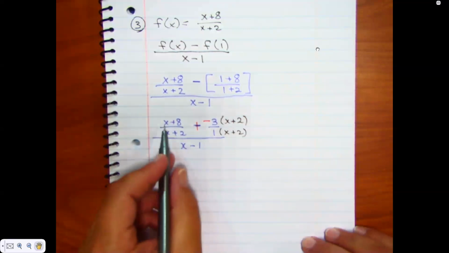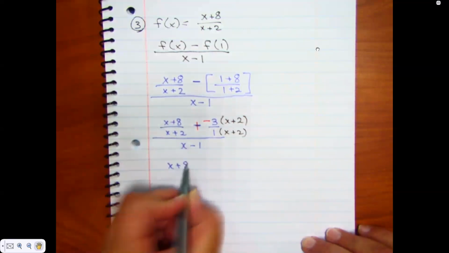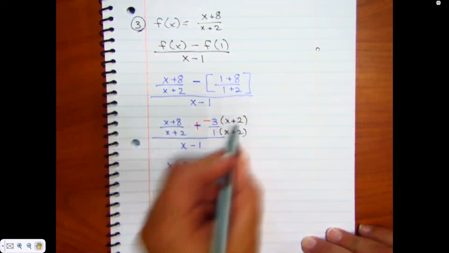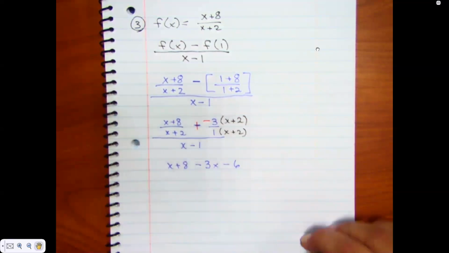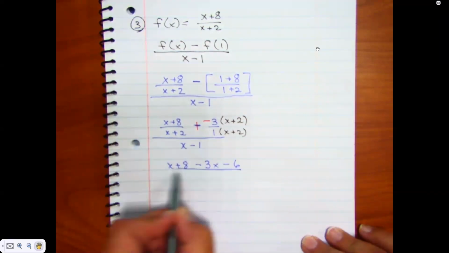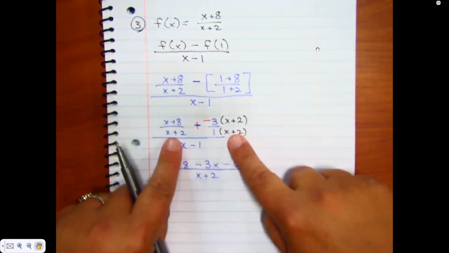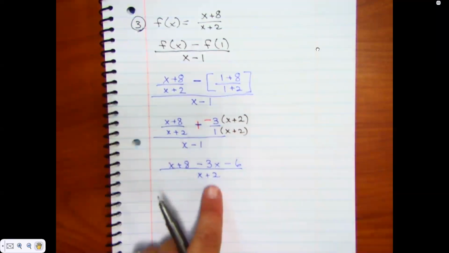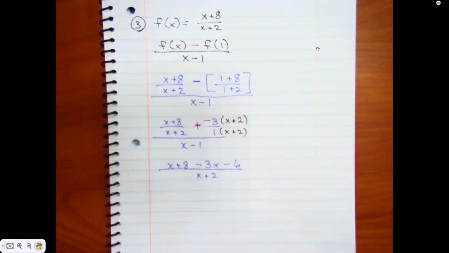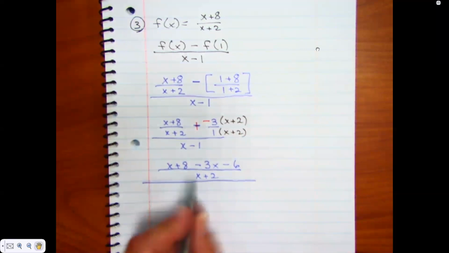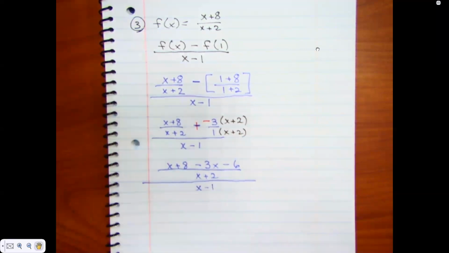All right, so now we've got x plus 8, -3x, -6. Are we okay only writing the bottom once? Since I had that common denominator, I only have to write it one time. And then I still have it all over x minus 1.